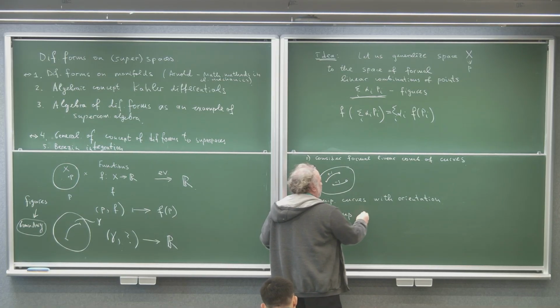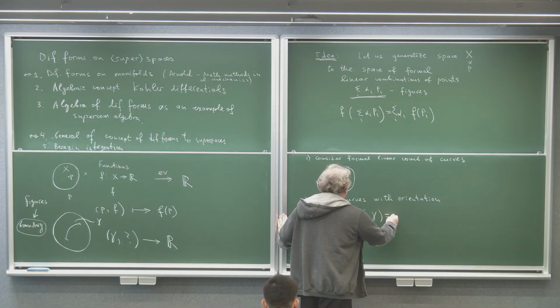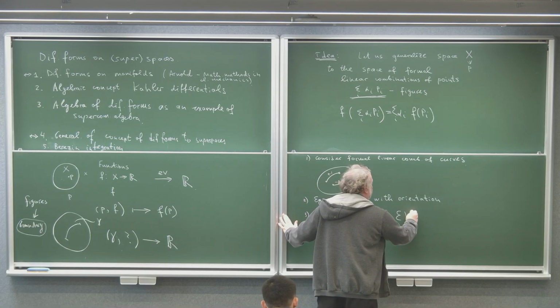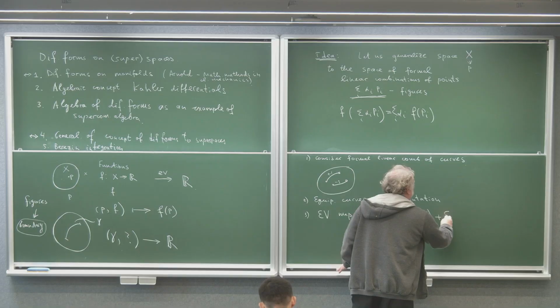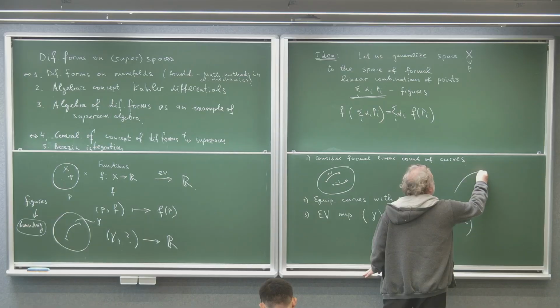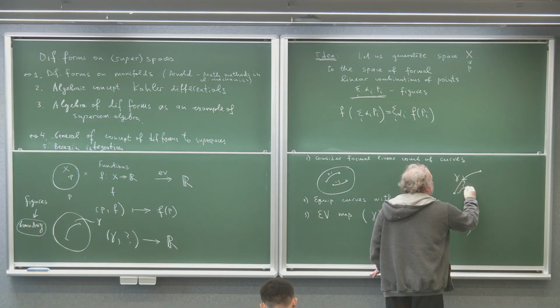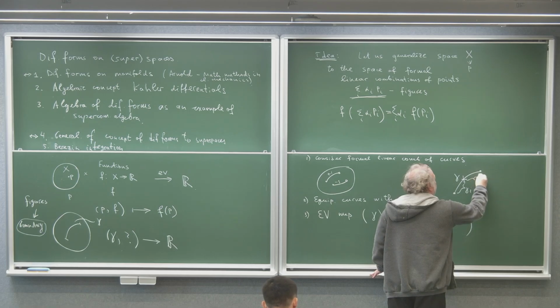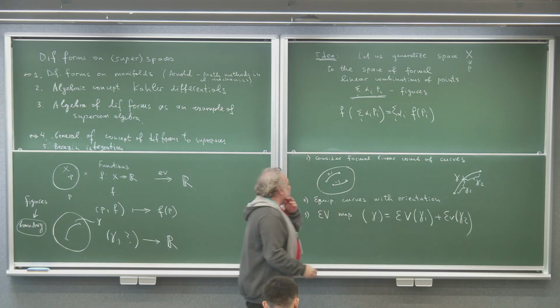And we would like to say that F map of curve gamma would be equal to M of gamma 1 plus M of gamma 2. Gamma would be cut into pieces, gamma 1, gamma 2. So that's what we want.